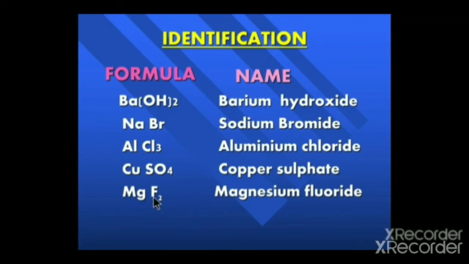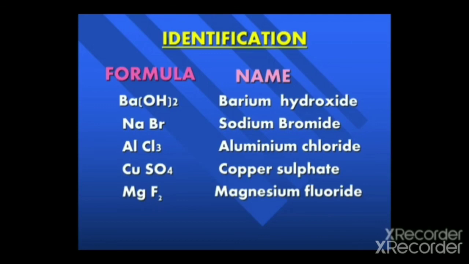Similarly, NaBr is sodium bromide, AlCl3 is aluminium chloride and CuSO4 is copper sulfate. Magnesium fluoride: here the cation is magnesium and fluoride is an anion. So here you are able to identify the compounds from their formula, that is, you are able to achieve the sixth learning outcome.